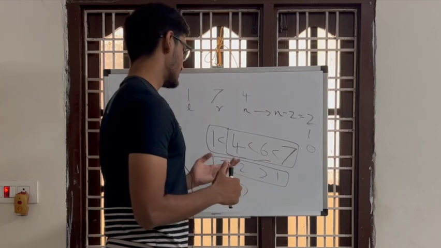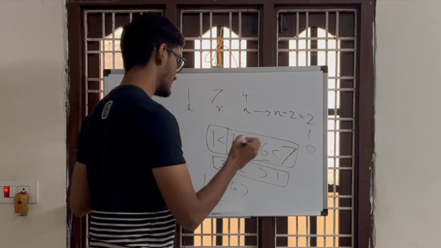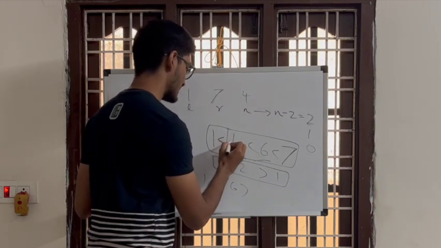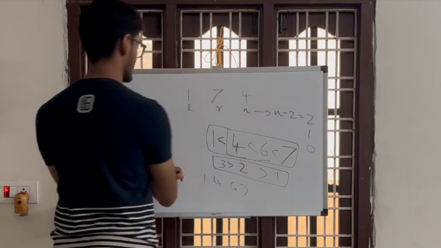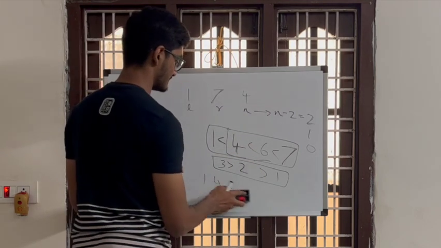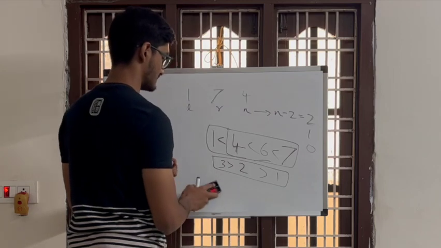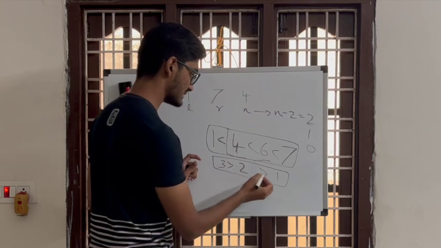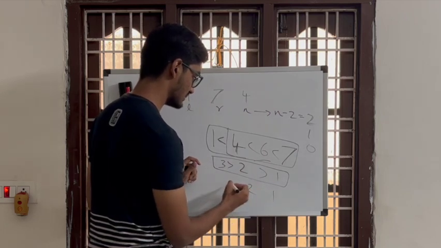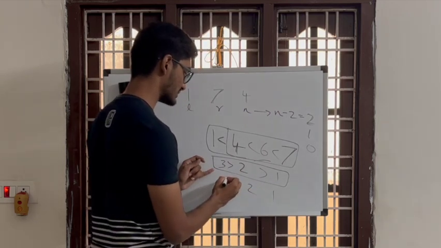Now, this condition, if it turns out that, for example, let's take that for the B condition we got 1, 2 and 2. Maybe we got the difference as 2.